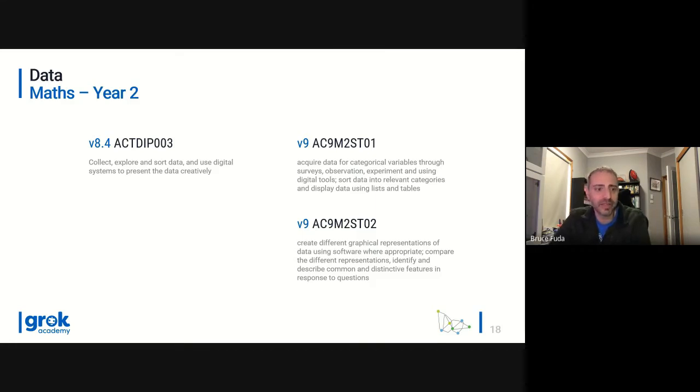When we look at how that's appeared in mathematics, you can see here in the statistics strand, which is what the ST there indicates, you've now got these two statements from mathematics. And you can see that there's some sorting and displaying of data in the first statement there. There's understanding what the purpose of your representation and presentation is in the second one. So the content's still there. It's just present in different locations.